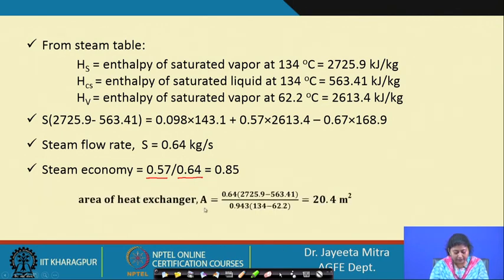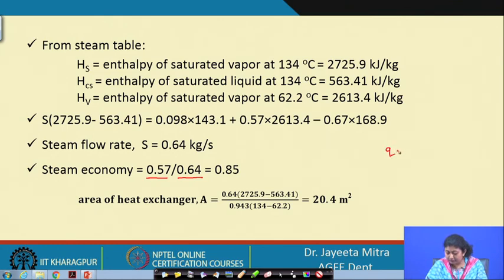Now, the area of the heat exchanger will be, so we know the equation that we have seen, Q is equal to S into lambda, that is equal to U A delta T. Okay. So, here the delta T is the steam temperature that entered minus Tb, that is the boiling temperature inside the evaporator.